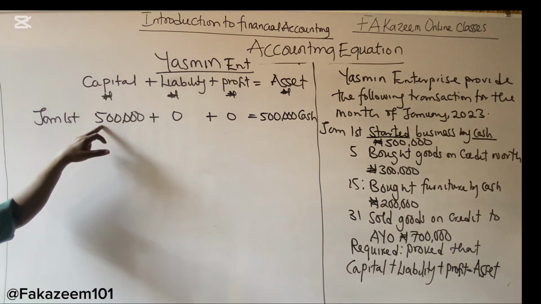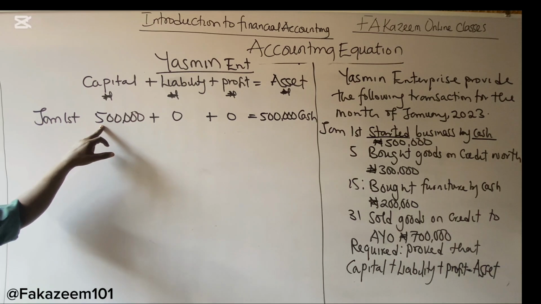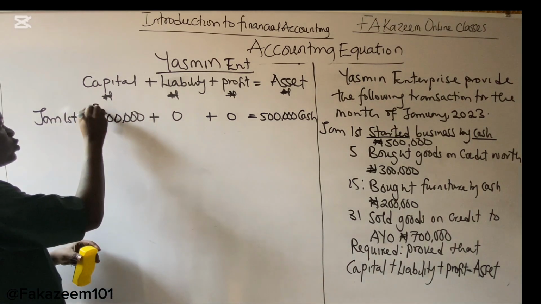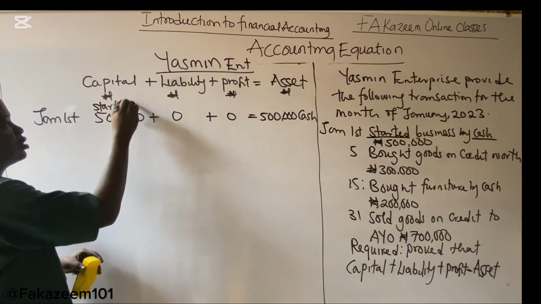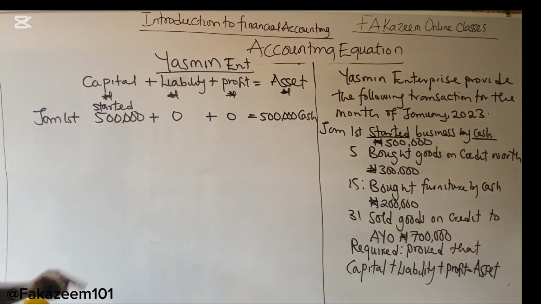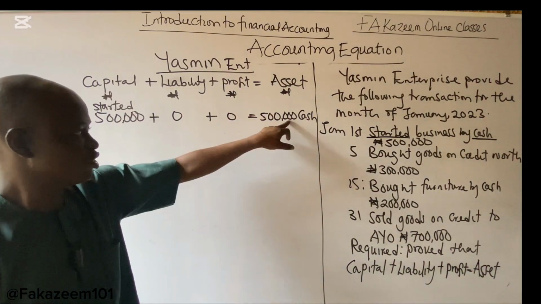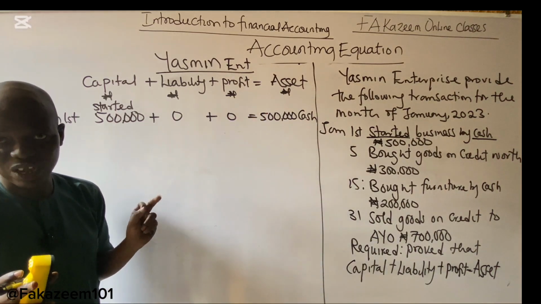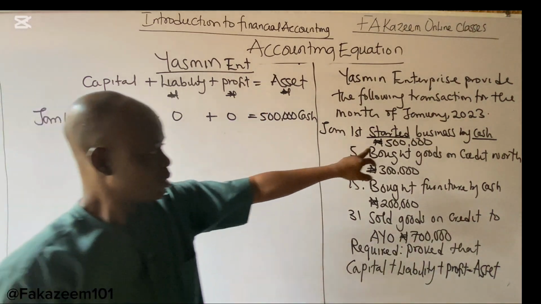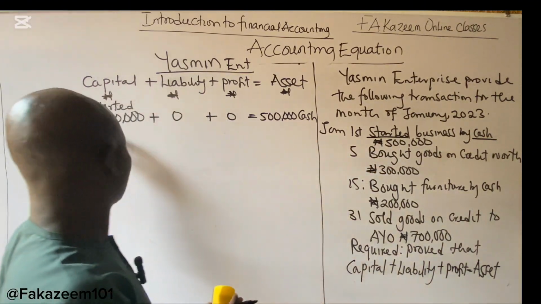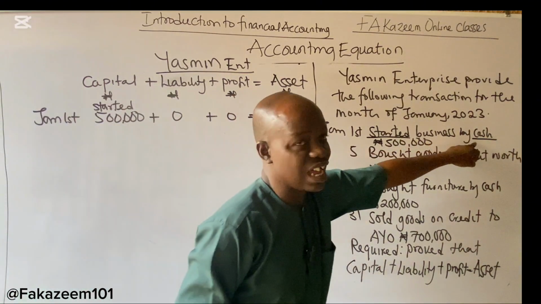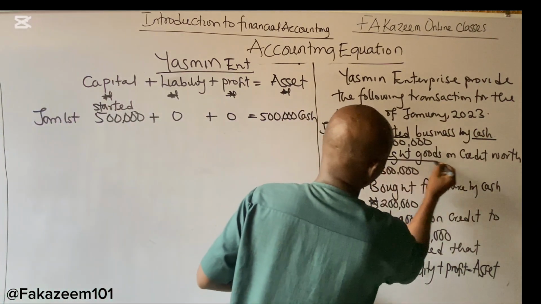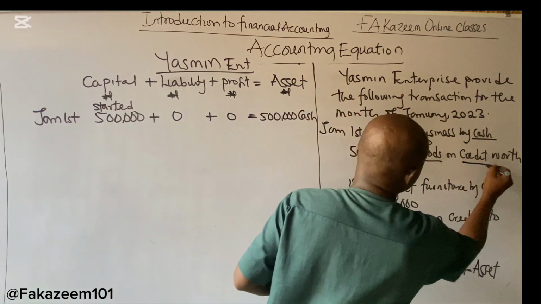So the two items on January 1st are capital, from the word started, and cash, which is an asset. We are done with January 1st. Started, capital; cash, asset.